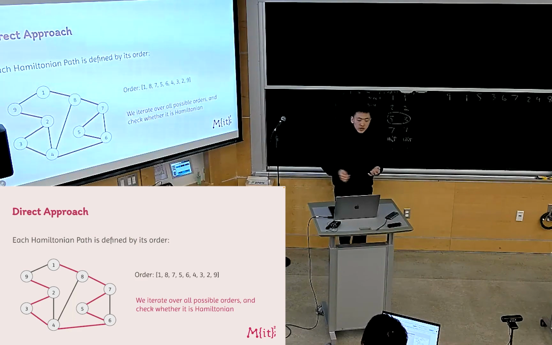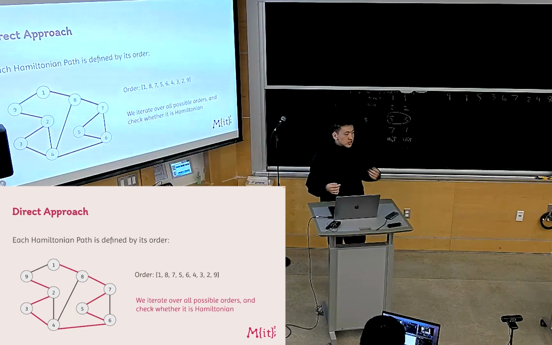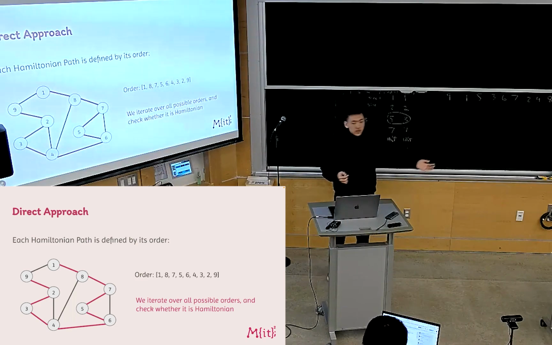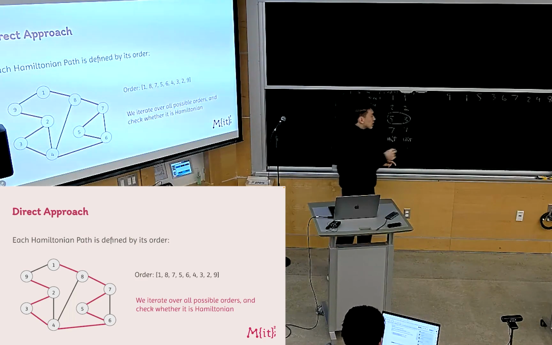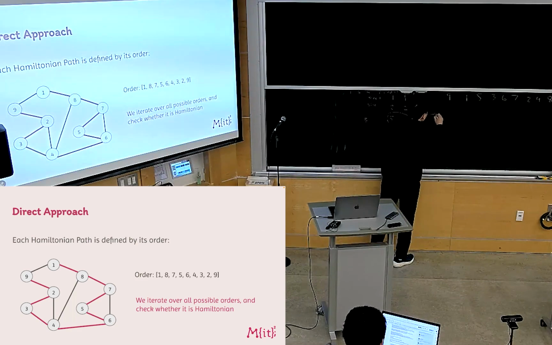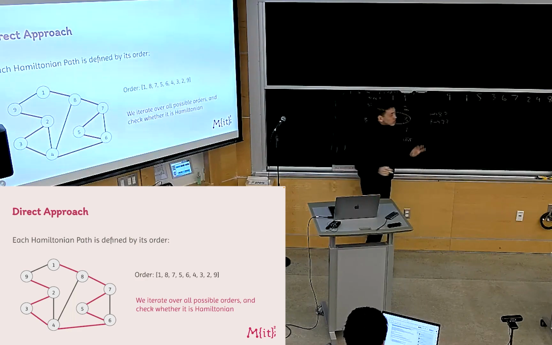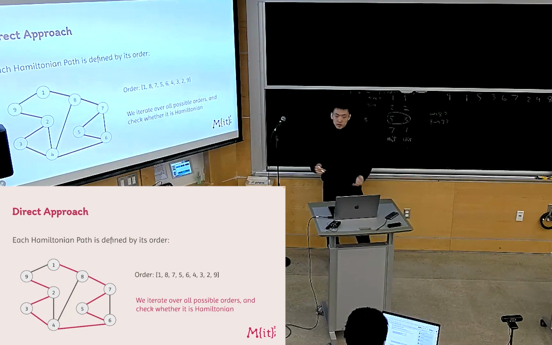And now, all we need to do is we can just check whether this order is a Hamiltonian path by checking every single pair of these nodes to see, for example, from 1 to 8, does this edge exist? And then for 8 to 7, does this edge exist? And if all these edges exist, then this is a Hamiltonian path.